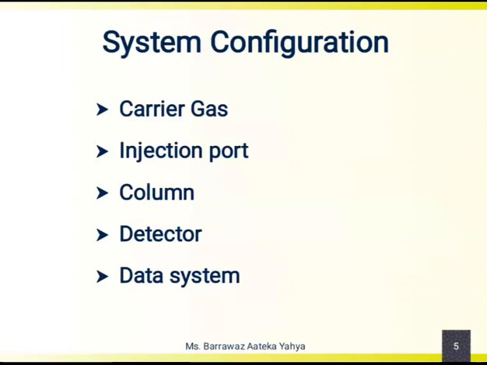Then we have detectors. A number of detectors are available based on the type of sample, the chemical nature of the sample, and the analyte nature. We have a list of detectors and we use them based on the detection limit. Then the data system integrates the data from the detector and gives us the report.